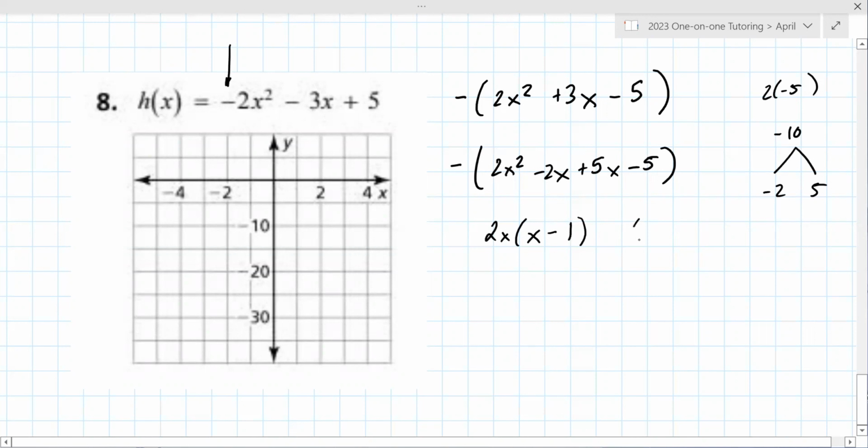Then you also write that over here, x minus 1, same thing, and then plus 5. And this negative is still on the outside there. So then the inside becomes 2x plus 5 because you group those together that are not x minus 1, the thing in parentheses here. Negative still on the outside there.